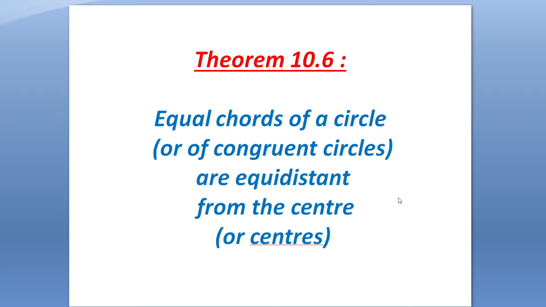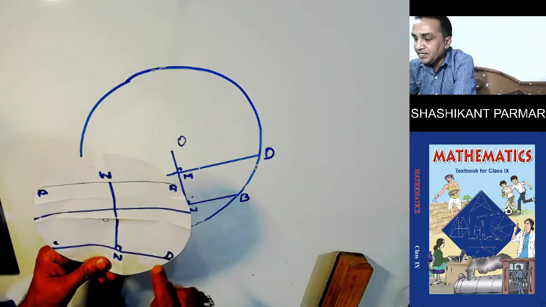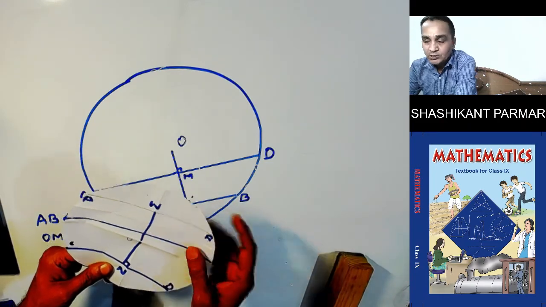This is A, this is B, this is C, and this is D. So see this activity again, that this is called AB, this is called CD, and this distance is OM, this is ON. So O is here.